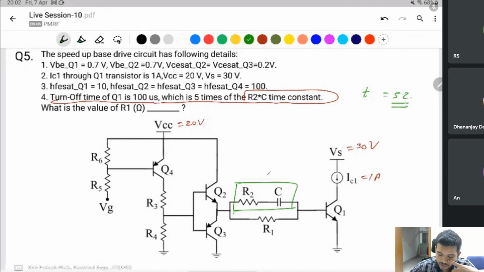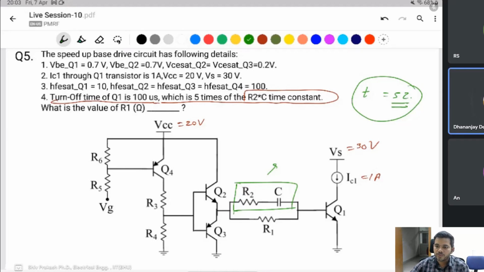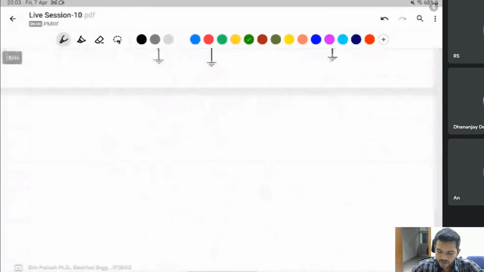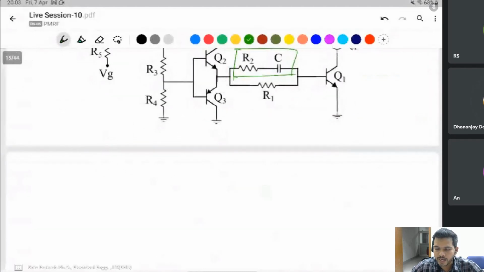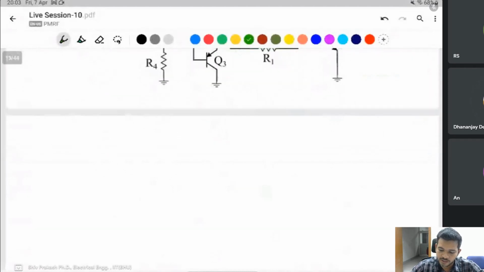If you take 5 tau, you can take it as steady state. You know about settling time in any system, in transient behavior: settling time, rise time, peak time, like that.